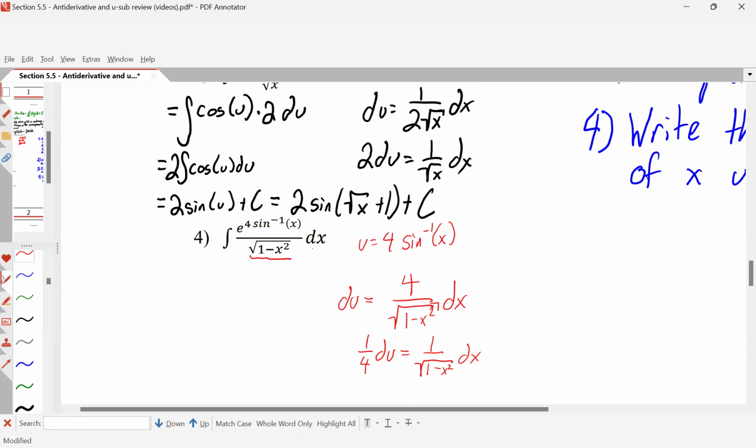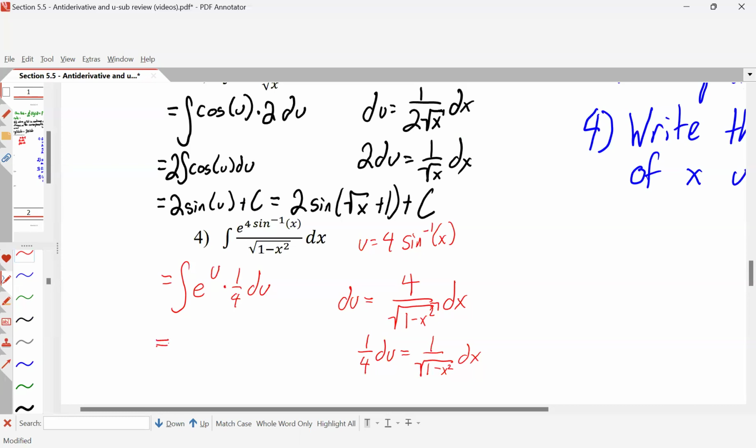So this denominator in the dx is going to turn into 1/4 du. And then we have e to the u, making our new integral e to the u times 1/4 du. The x became the du, and the exponent became u.